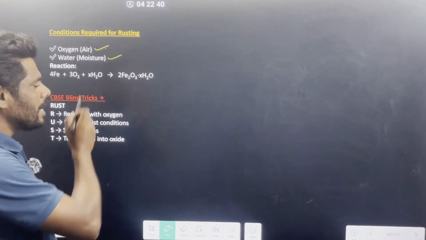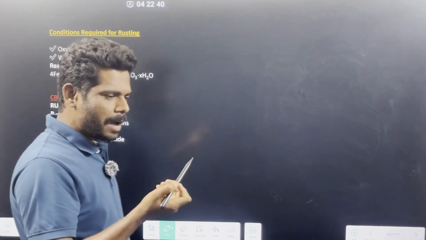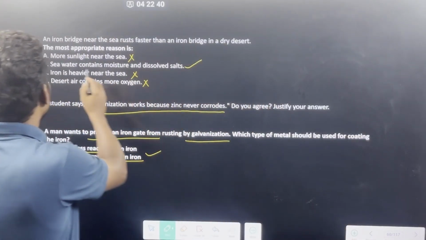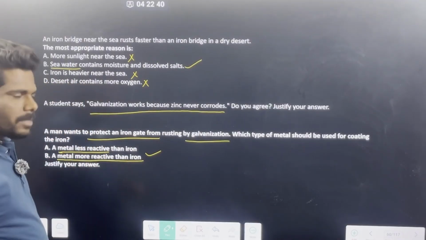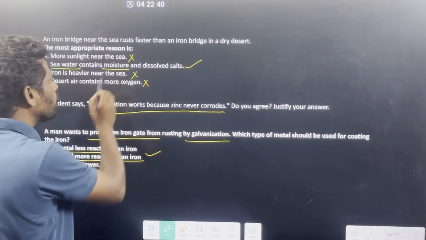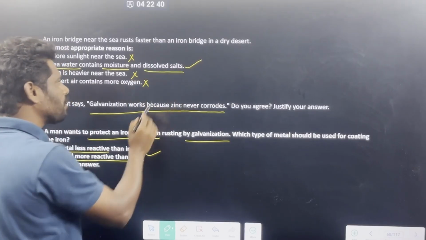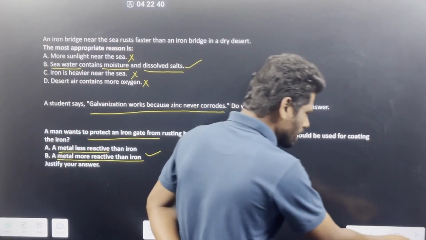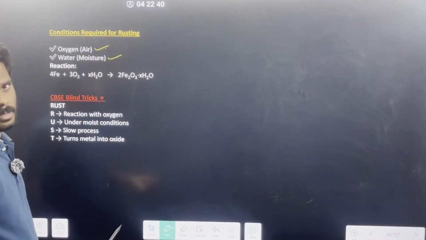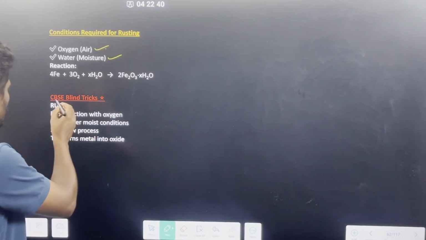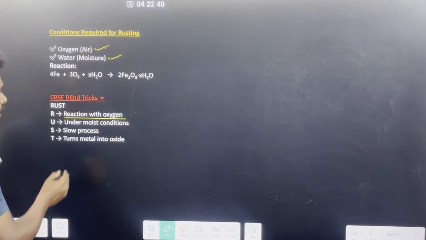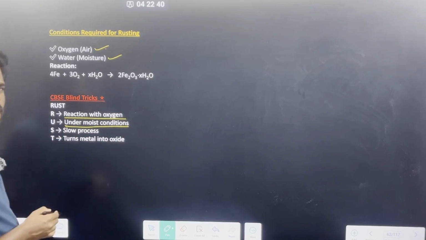That's why, in the earlier question, rusting happens easily for a steel bridge near the sea, because there we have more humidity as well as salts. The atmospheric air of course contains oxygen. Due to the presence of all these, rusting happens faster. So you can simply remember that rust means reaction with oxygen under moist conditions.